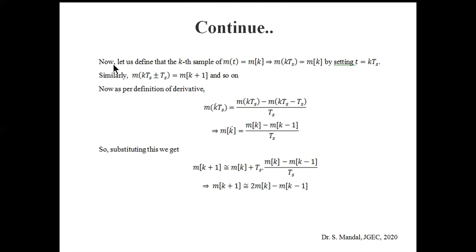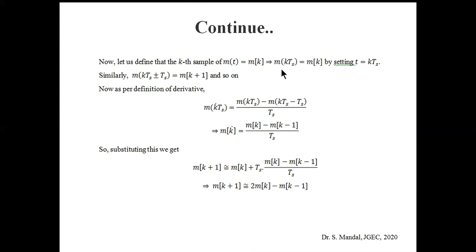Now, for simplification, we can define the kth sample of m(t) as m[k]. Remember, m(t) is a continuous value. Now if we make it discretized, we can substitute t with kTs.